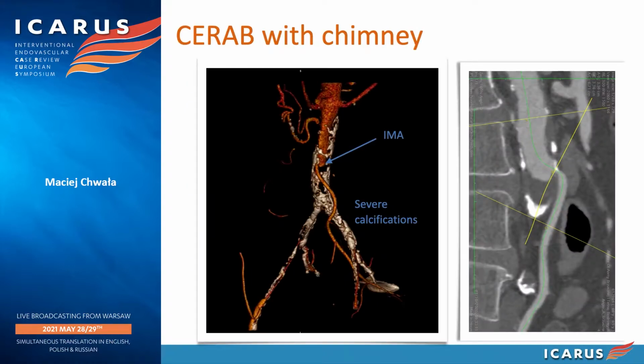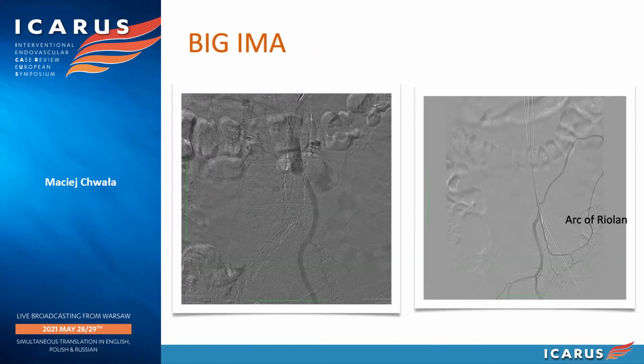So as we can see, we discovered a big inferior mesenteric artery in this patient, and we are really afraid to cover it during the procedure. It's also visible on the angiography, and it is connected with the arc of Riolan. So we were afraid that we could cause gut infarction during the procedure if we covered this vessel.